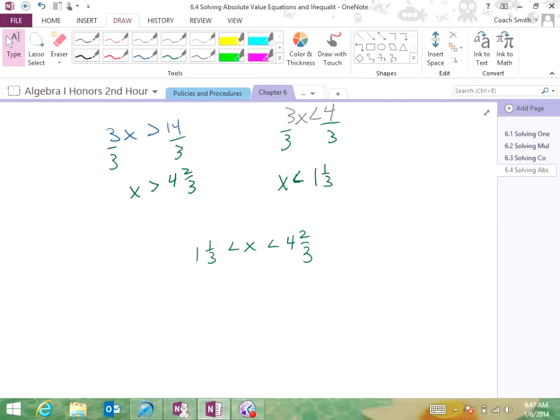I can't write that. That's not true. That's not what these two things say, because I can't write 4 2/3 less than x. I can't do that either. Because I can't go larger to smaller, I always have to go smaller to larger. So this would be an and statement. But we just said that an and statement is wrong.